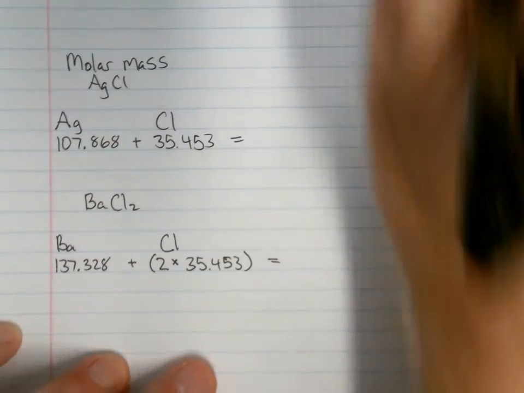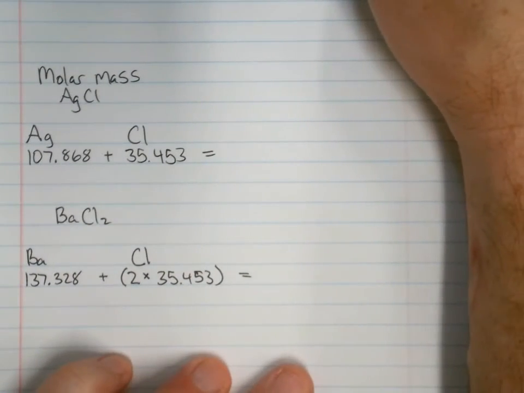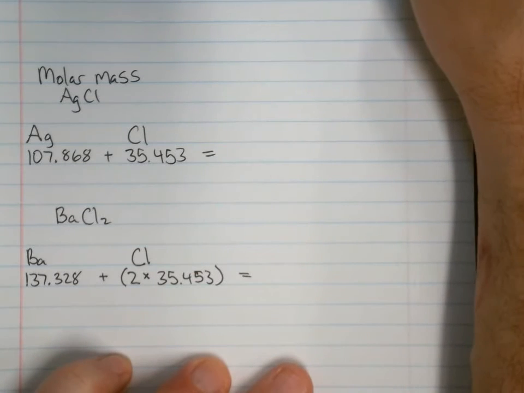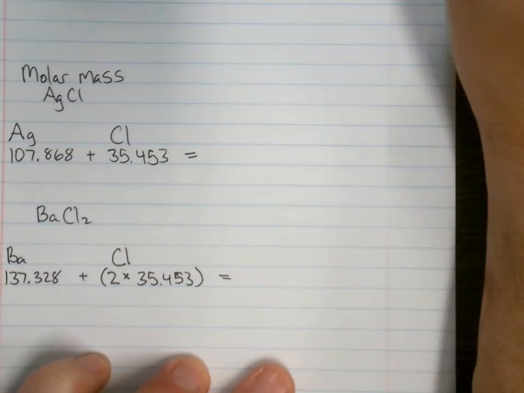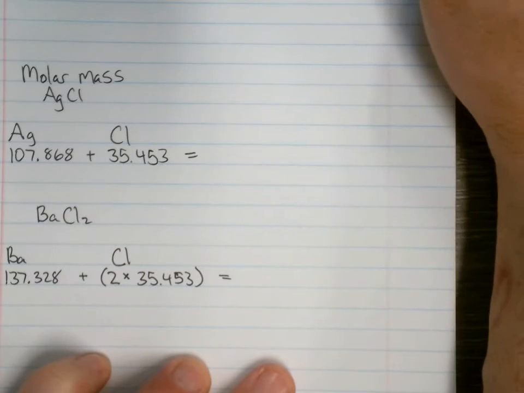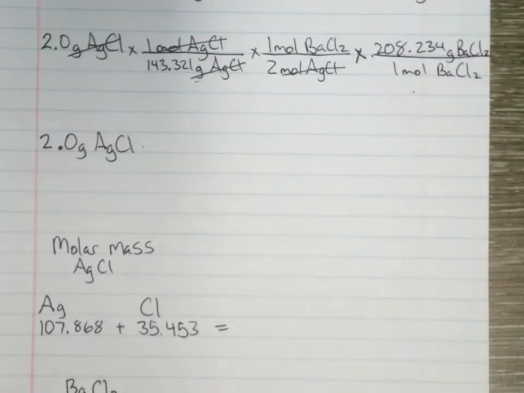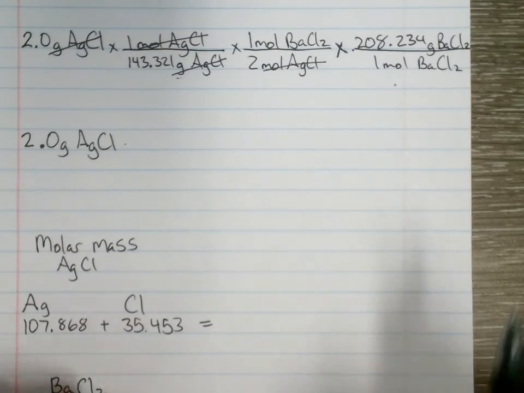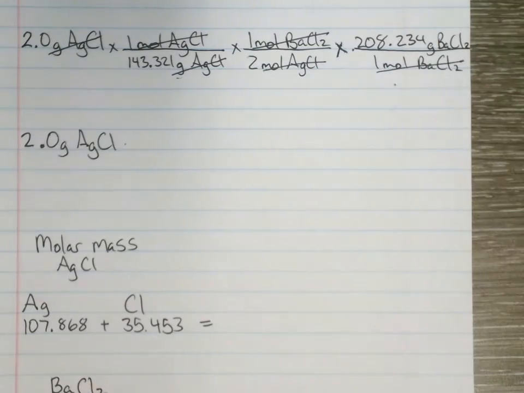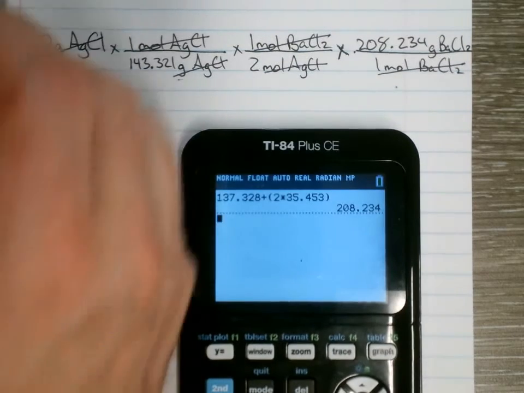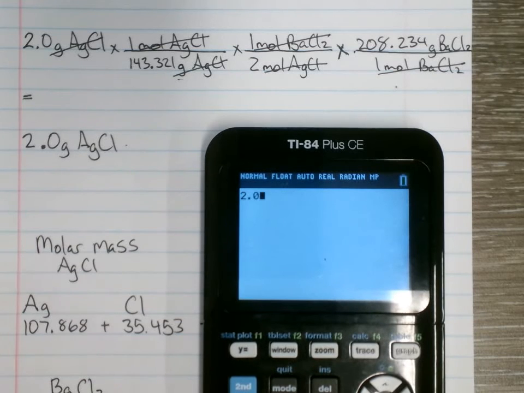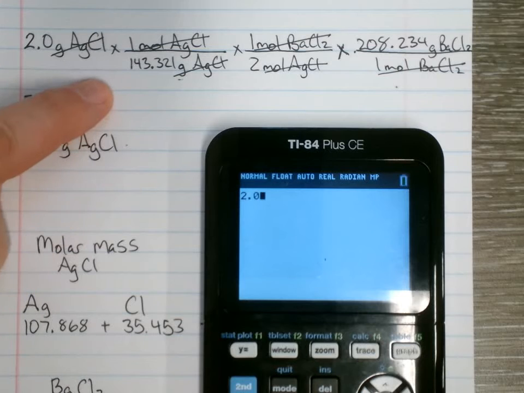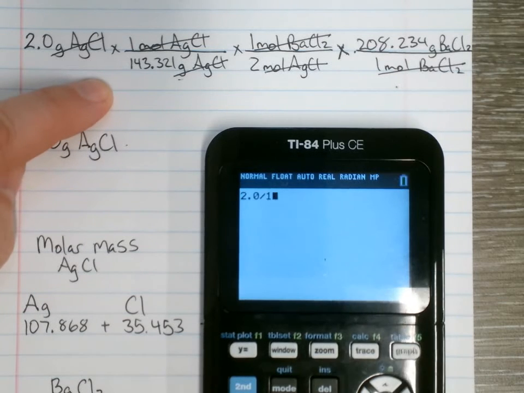So the molar mass of barium chloride is 208.234 grams over 1 mole of barium chloride. Moles of barium chloride cancels out, so then we need to punch it in the calculator. 2 divided by 143.321.